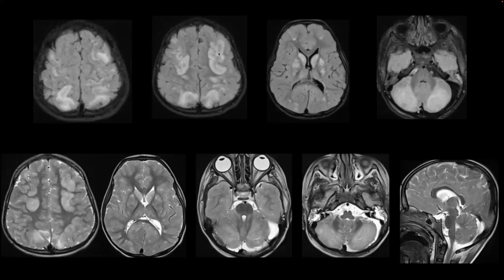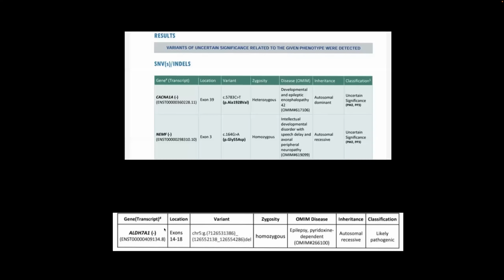I would consider an alternate diagnosis based on the imaging findings at least. Can you ask him to check for mitochondrial disease? That gene is very important because it is homozygous and there is a deletion, so that has to be pathogenic.